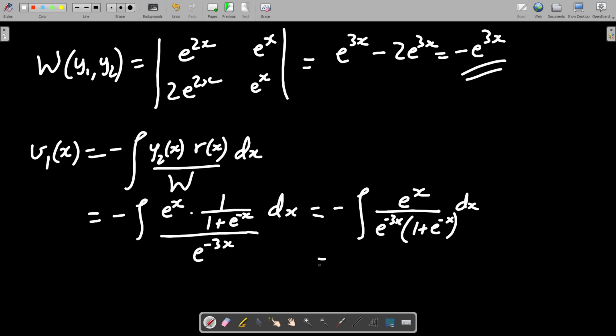No. But I can write this as integral of e raised to 4x upon 1 plus e raised to minus x.